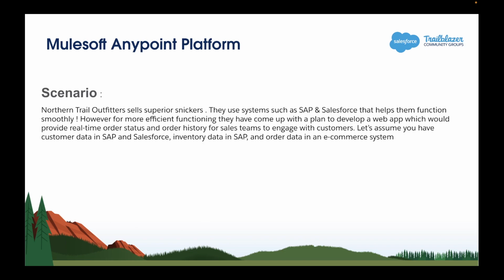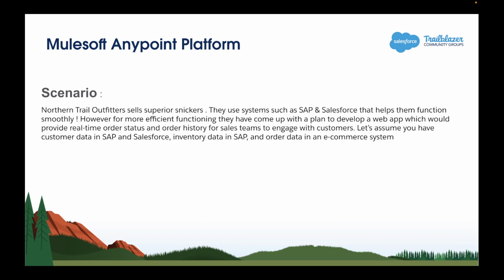Let's assume you have customer data in SAP and Salesforce, inventory data in SAP, and order data in an e-commerce system. In today's world, this is a very generic system of how companies operate. They would be having multiple systems containing multiple data, right? In other terms, we call it data silos, where data is not present in one system, it is distributed across multiple systems.